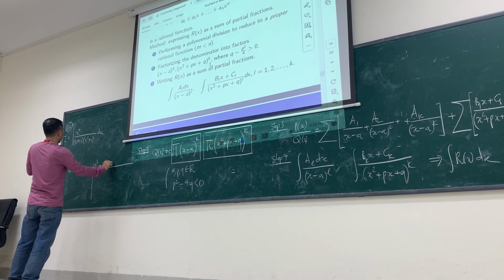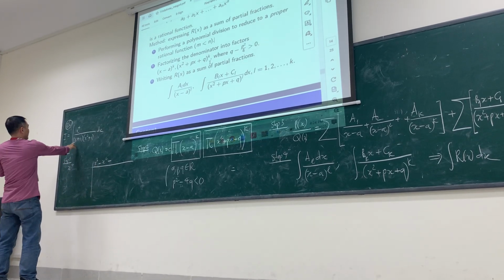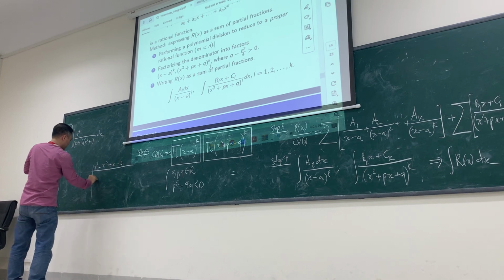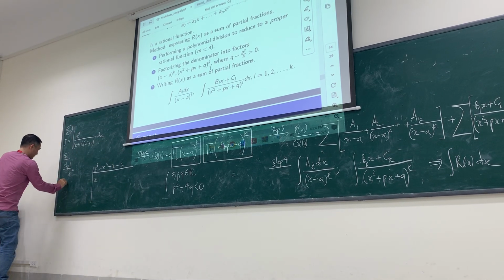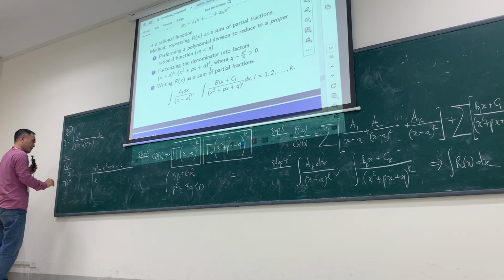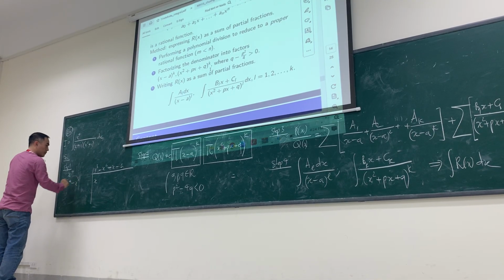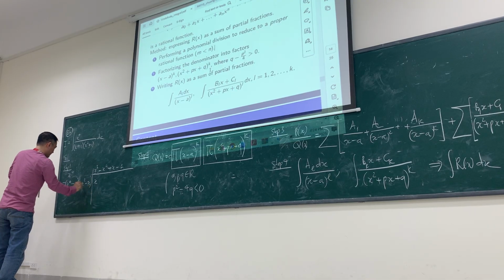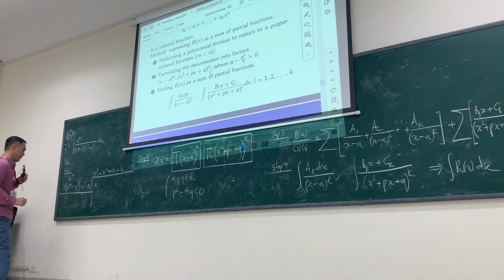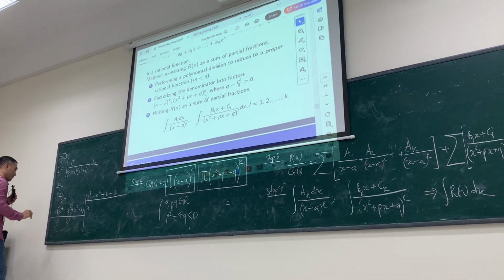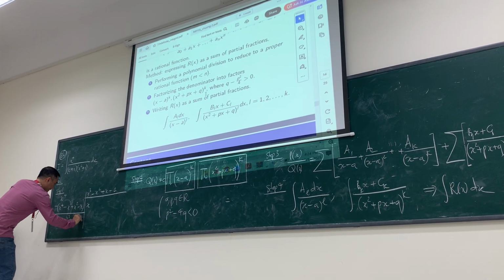x squared minus x squared plus x minus 1, then minus x to the power 4 minus x cubed plus x squared minus x. Okay, we have x cubed minus x squared plus x.